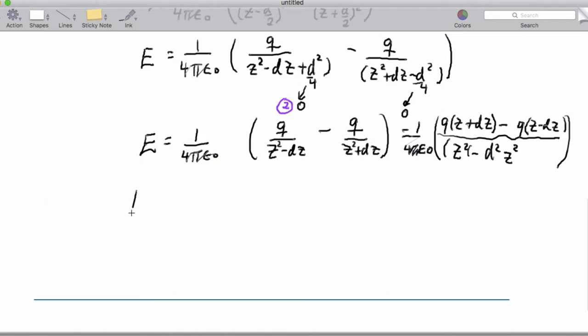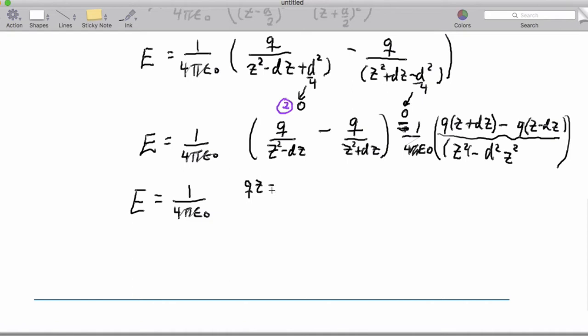Now we'll simplify further. We're going to end up getting E equals 1 over 4 pi epsilon naught, q z, and this is supposed to be an equals sign right there.